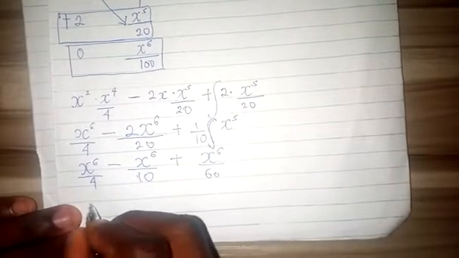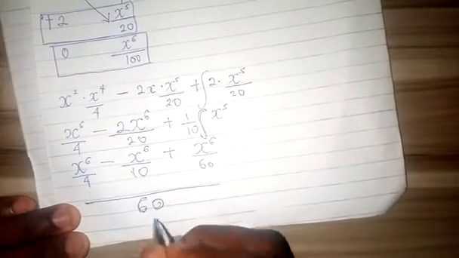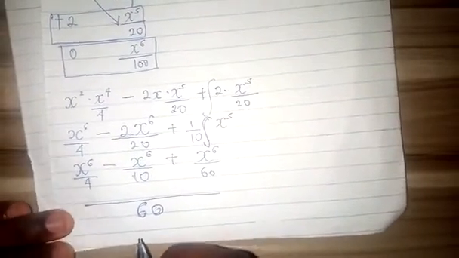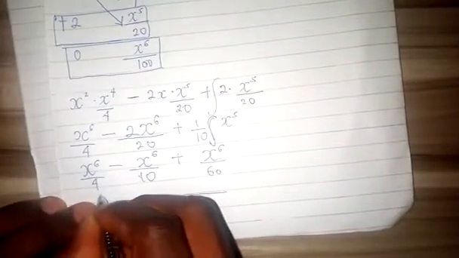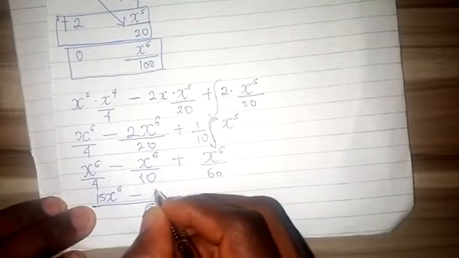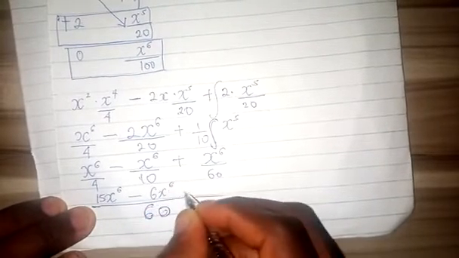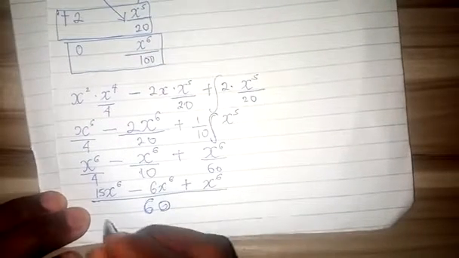So when you find the LCM, we have the LCM to be 60. So here now we have 15x raised to the power 6 minus 6x raised to the power 6 plus x raised to the power 6.